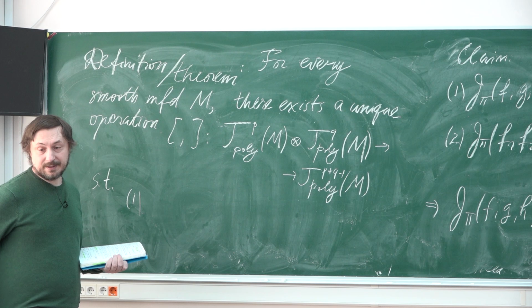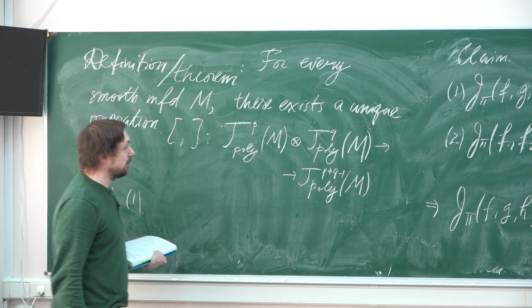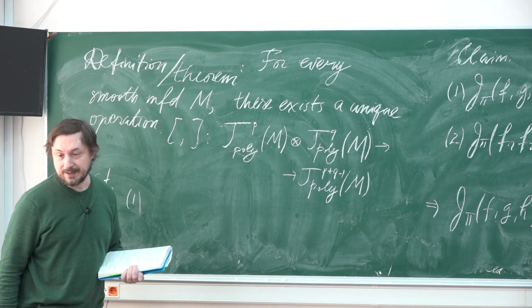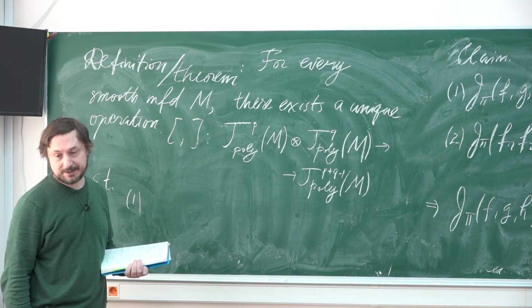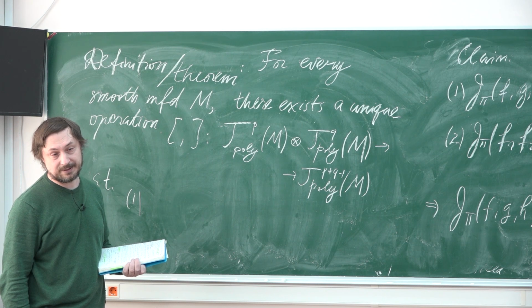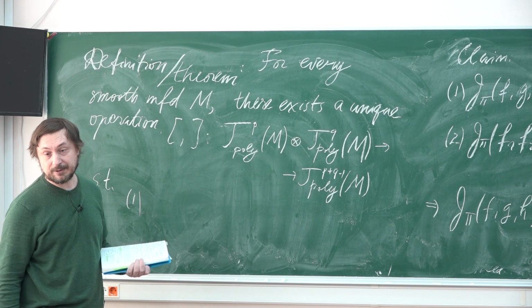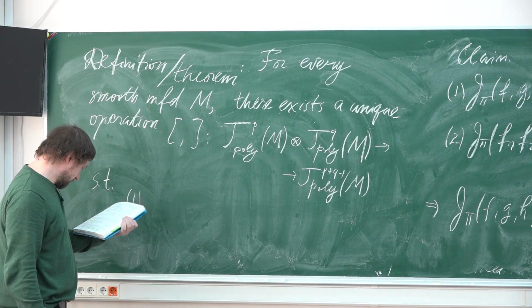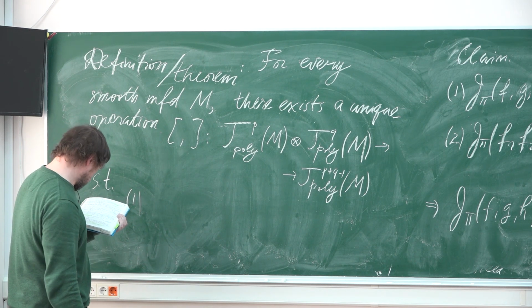It does not send the elements of degree P plus Q to the elements of degree P plus Q. It sends them to P plus Q minus 1. And therefore, all these graded identities, which you might have already seen in some other courses, will be a little bit different. So I'll try to reproduce them accurately.